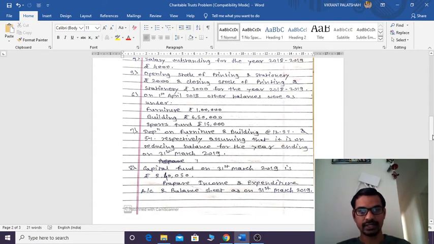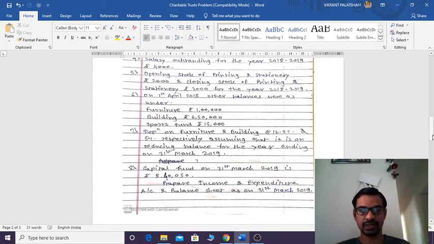Number seven, depreciation on furniture and building at the rate of 12.5% and 5% respectively, means on furniture it is 12.5% and on the building it is 5%, assuming that it is on reducing balance for the year ending on 31st of March 2019.